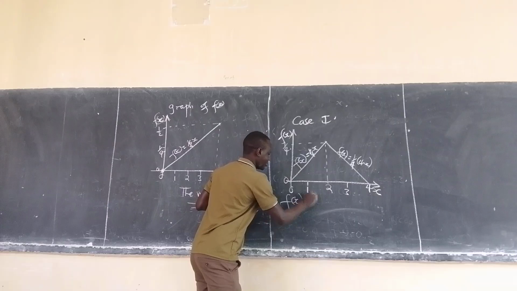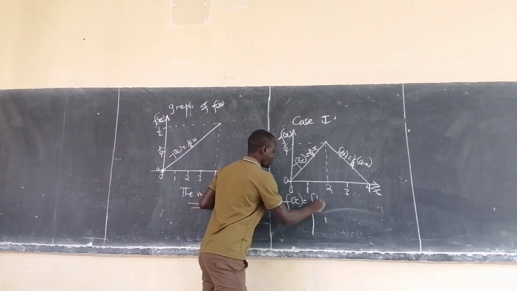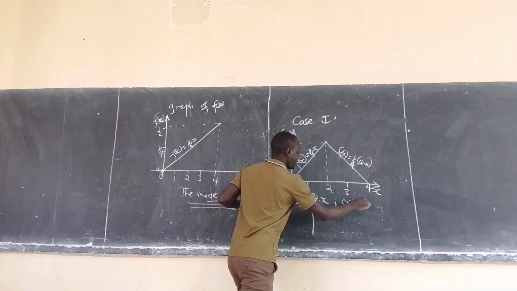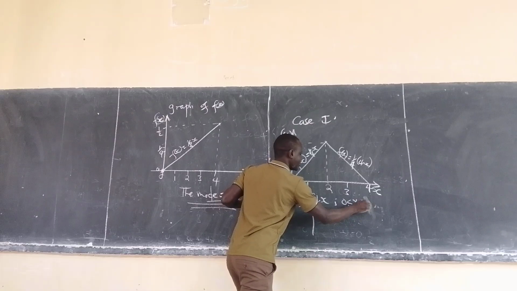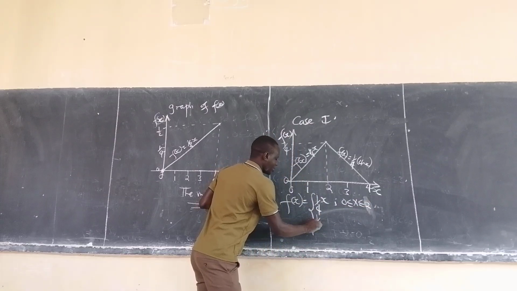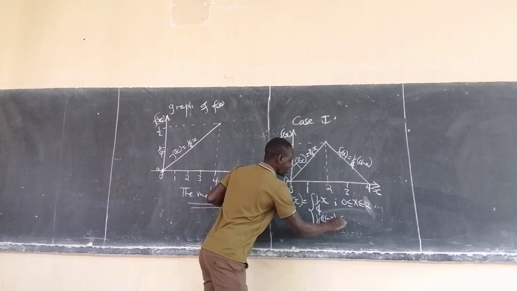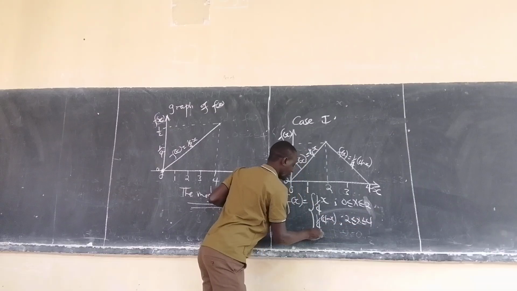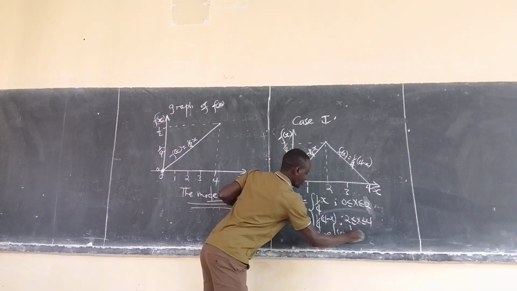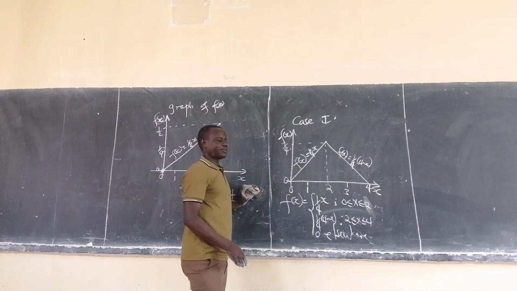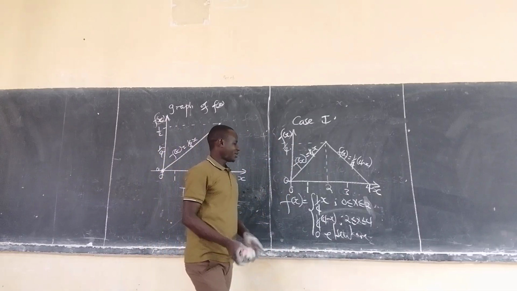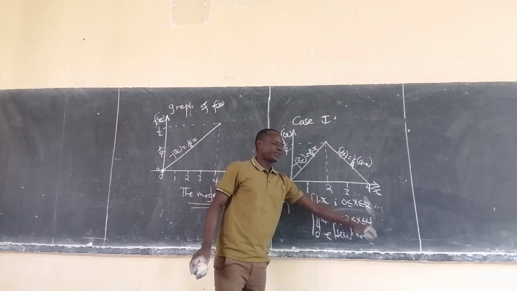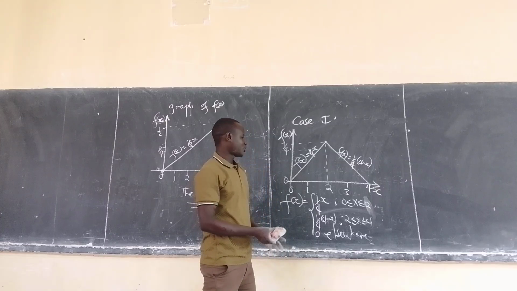My f of x is a quarter x when x is between 0 and 2. It is a quarter into 4 minus x when x is between 2 and 4, and it is 0 elsewhere. So it means my endpoints are 0, 2, 2, and 4. They are the ones which I am supposed to inspect.